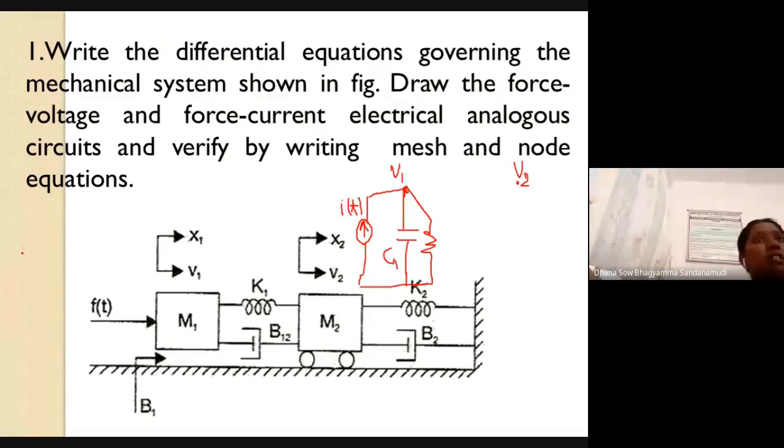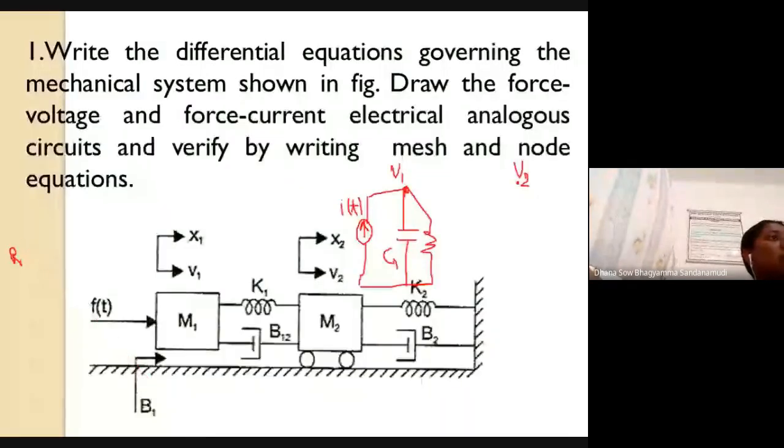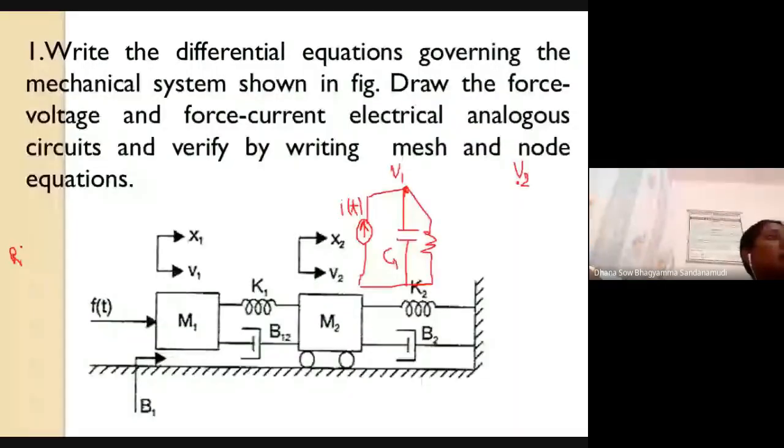You remember, if R and L are directly proportional to the mechanical terms, then they should be connected in series. If 1/R and 1/L are proportional to the mechanical terms, then they should be connected in parallel.